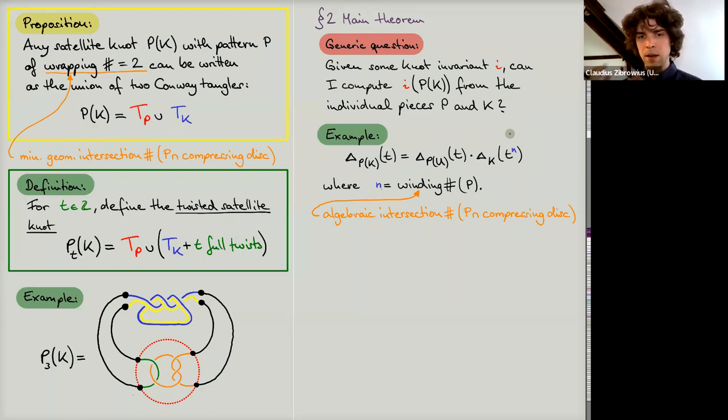The winding number is almost the same as the wrapping number, except with signs. So we count the number of intersection points of the pattern with a compressing disk with signs.